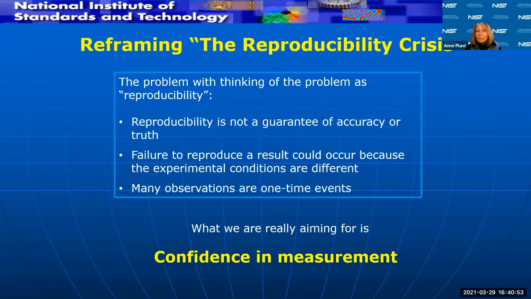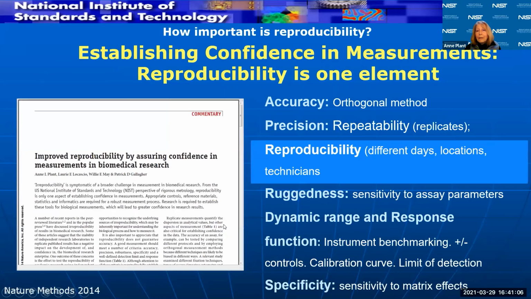And I think the most important thing that we really care about is having confidence in measurement, right? And so that's what we should be aiming for. How do we establish confidence in measurements? Confidence arises from a number of metrology related components, and reproducibility is just one of those components.